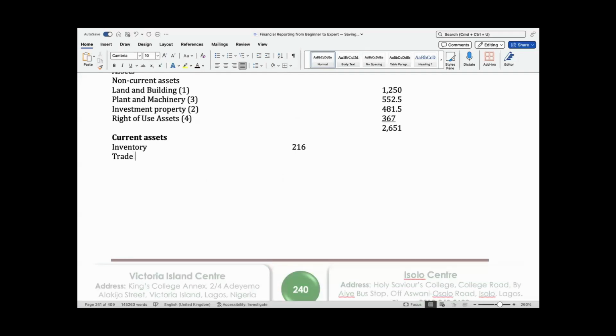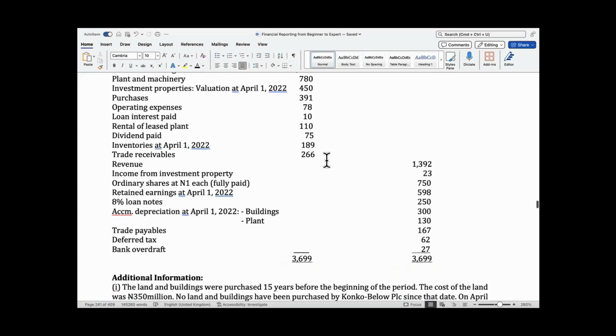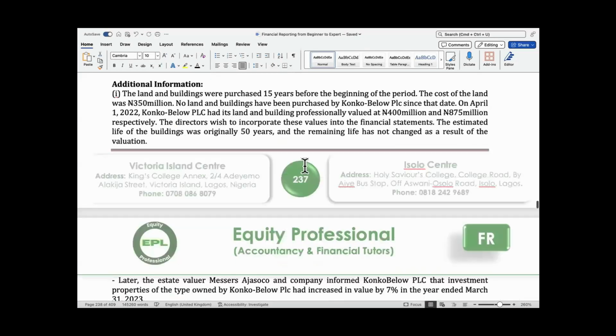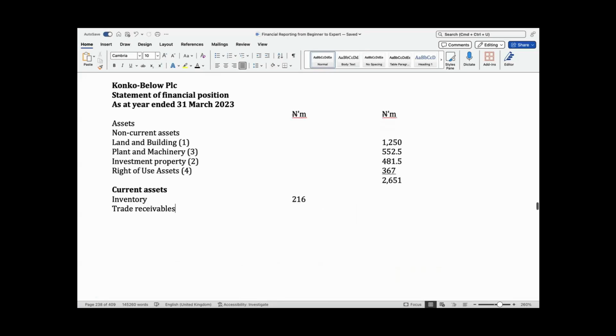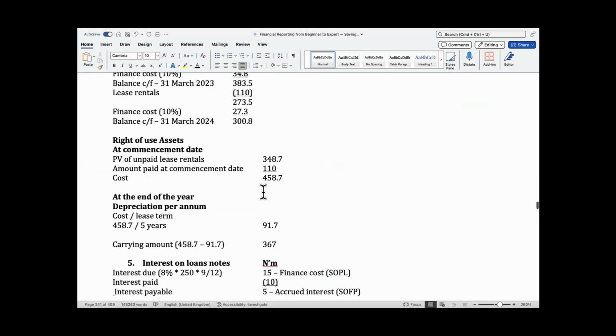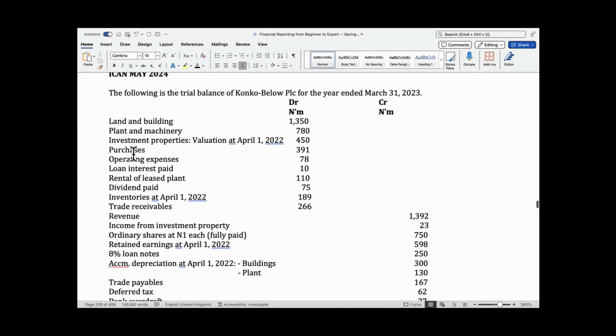Also, trade receivables will be very handy. If I go to my trial balance, 266. Yeah, that was 266. So which other item would have affected my current assets here?